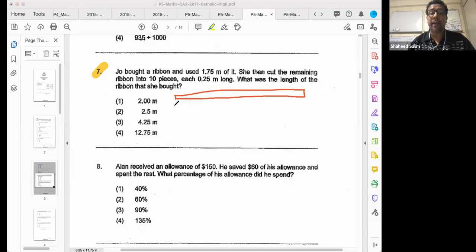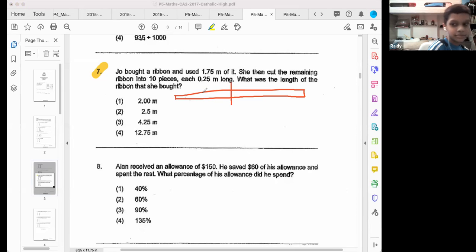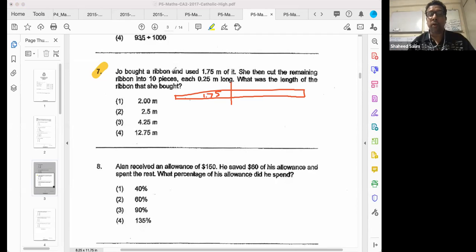So down here now, this is 1.75. Joe bought a ribbon, used 1.75 meters. The remaining part, she cut into 10 parts.